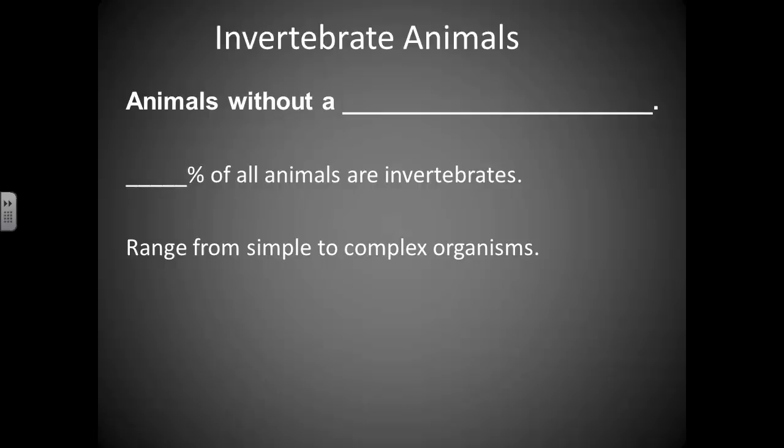A vertebrate has a backbone. But actually, 95% of all animals are invertebrates. The vast majority of animals that have been identified are invertebrates. Only 5% are vertebrates. But we kind of think about vertebrates when we think about animals.